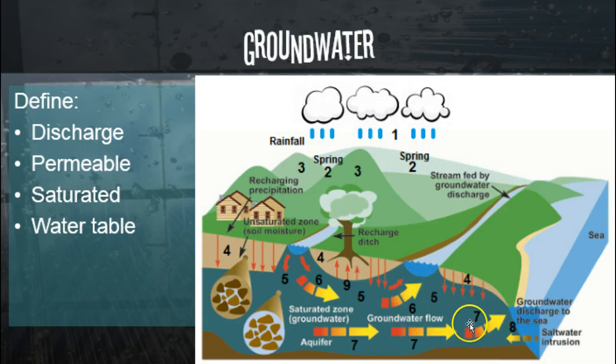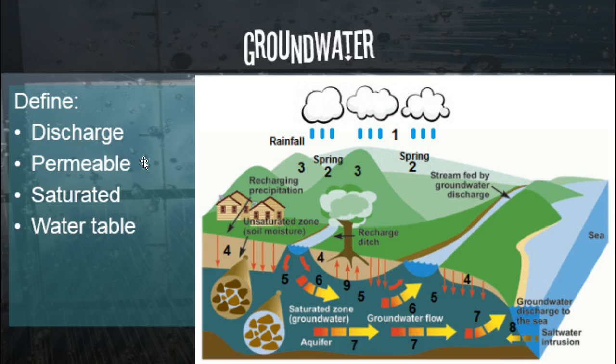It naturally discharges in a couple of places. It discharges into the ocean, wherever that aquifer meets the ocean, and then it can also discharge by forming streams at those headwaters.